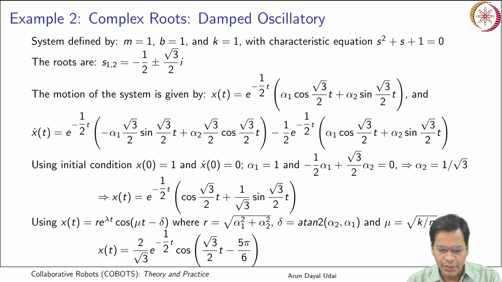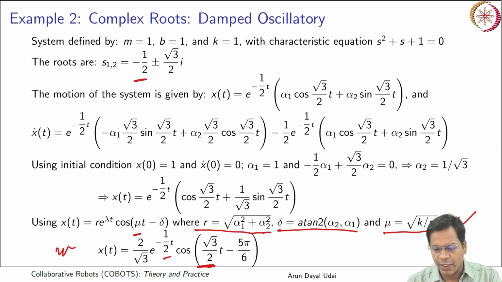You can directly use those substitutions where r is equal to this, delta is equal to this, and mu is equal to this, and write your equation in a new form. Here is your r value, and e to the power lambda t, where lambda was minus 1 by 2. So r is calculated here, with cosine of mu t minus delta, where delta is 5 pi by 6. This is your system dynamic equation.